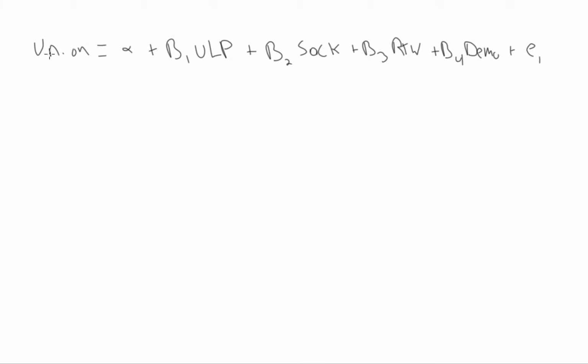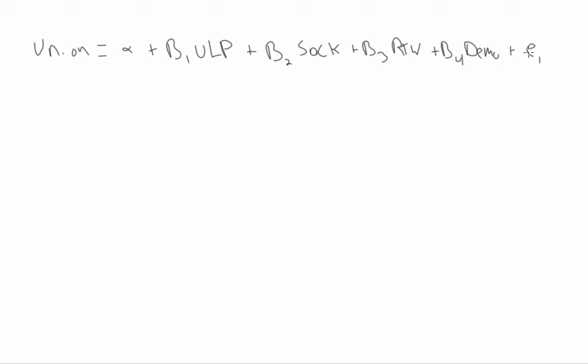So we're predicting union membership and we're using several different measures to do so. Now, alpha in this equation is just your constant, so that's the y-intercept. What's union membership when everything in the equation is zero?